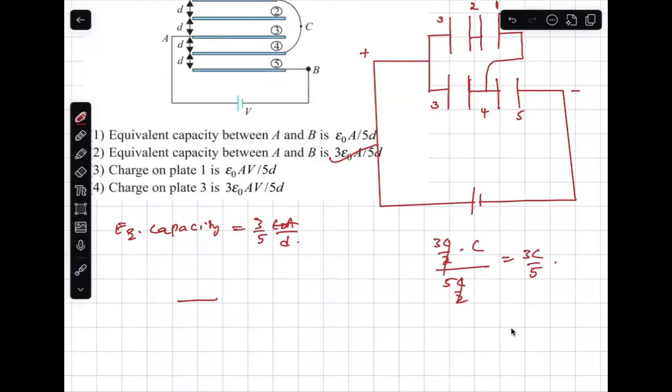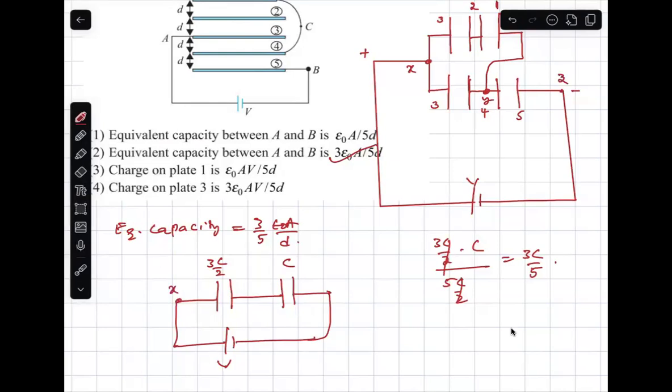Now hold on. I'm writing the next stage of the circuit. The next stage of the circuit is 3C by 2 and C connected to the battery V volt. Yes or no? So now this point is X, this point is Y, this point is Z. X, Y, Z. Right.